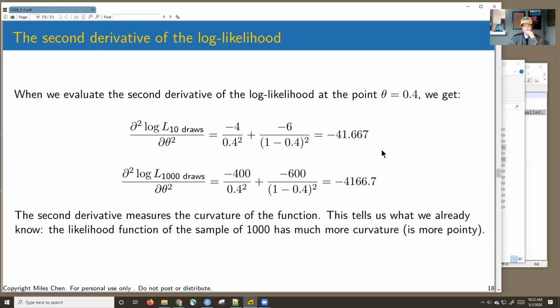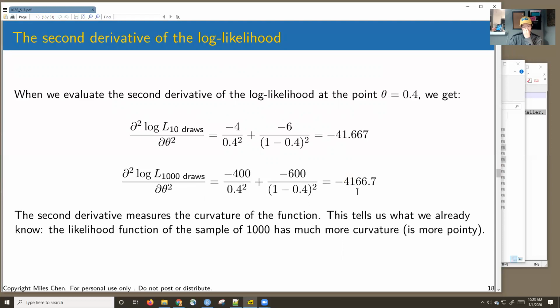The observed information for 10 draws is negative 41.667, technically the negative of this. If you plug the maximum likelihood estimate of 0.4 into the other log likelihood function, the second derivative, you get something that's 100 times bigger, 4,166.